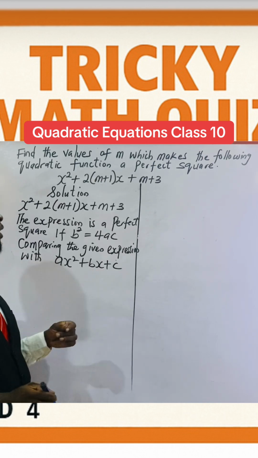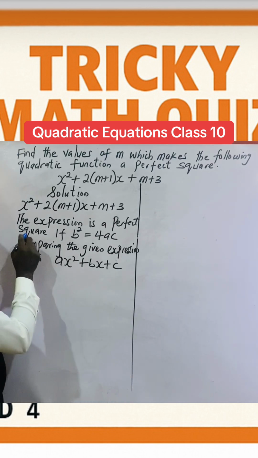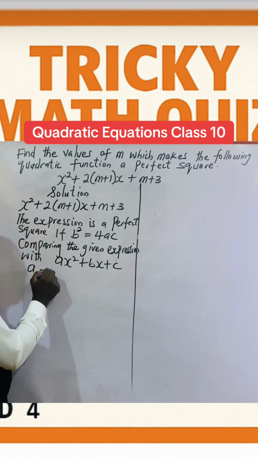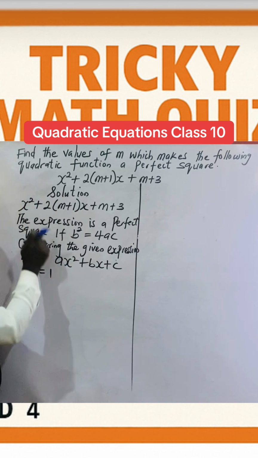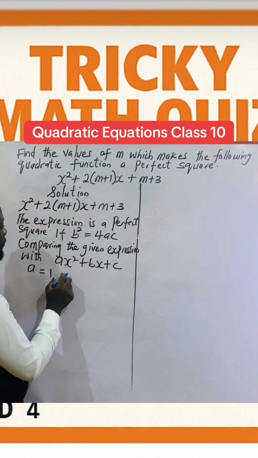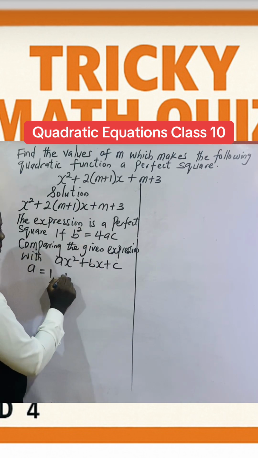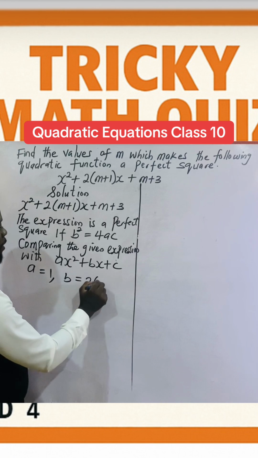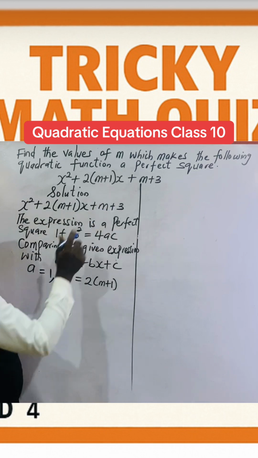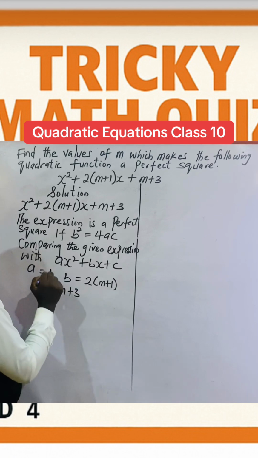So in comparing, you find out that a is equal to 1, the coefficient of x squared. Then b, the coefficient of x, is 2m plus 1, all right? Then c is equal to m plus 3, all right?